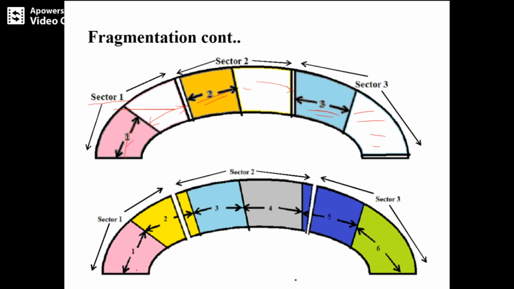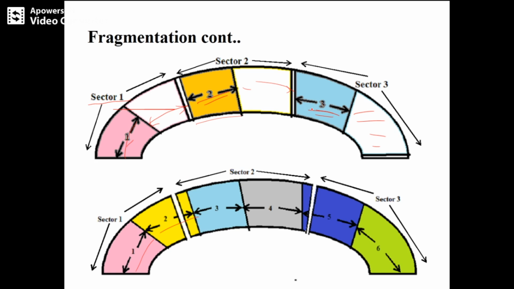Now my first record is here in sector 1. After that I keep my second record. The second record is this big, so it might not fit in sector 1. It is distributed into sector 2 also. So this is my sector 2.